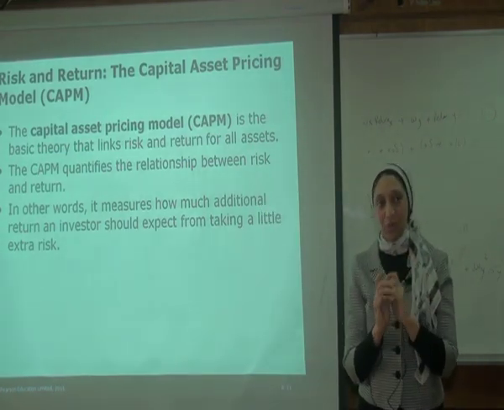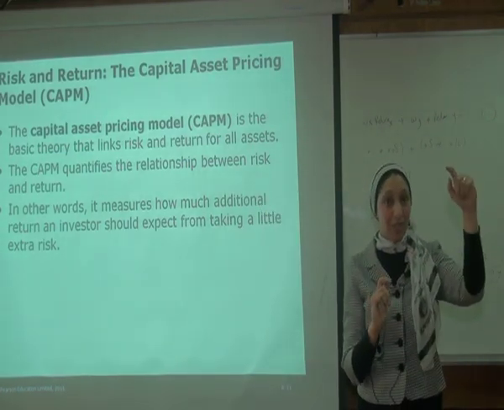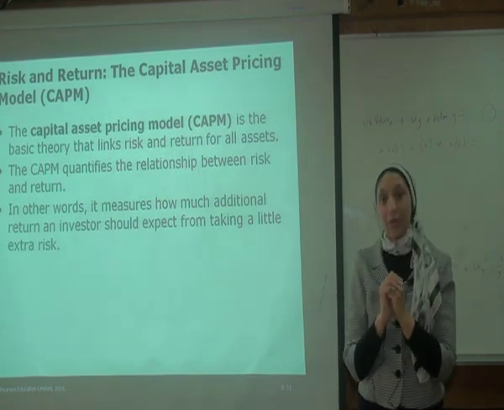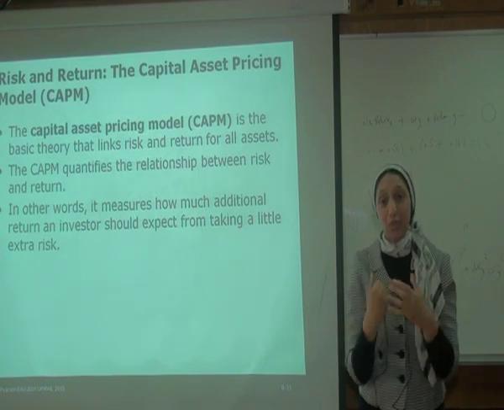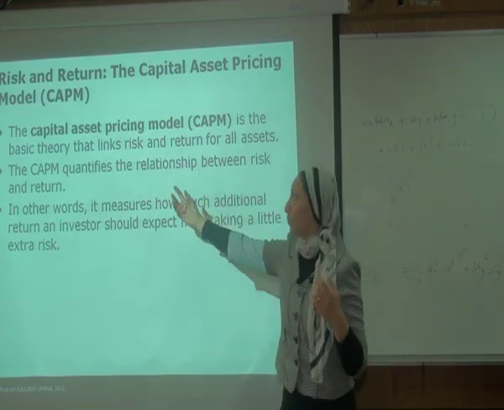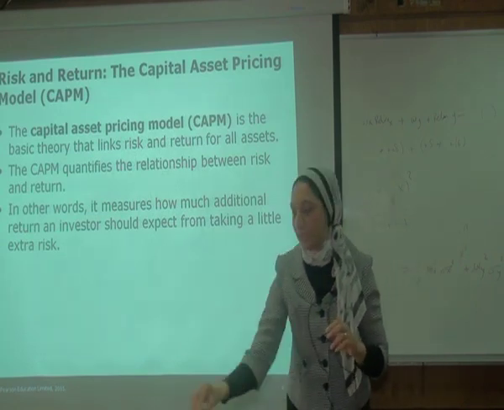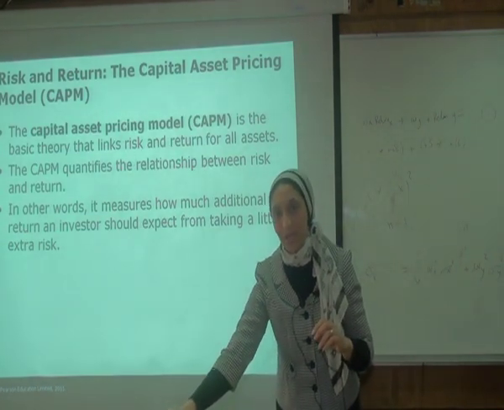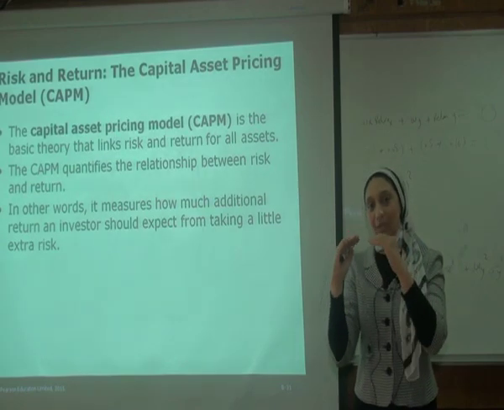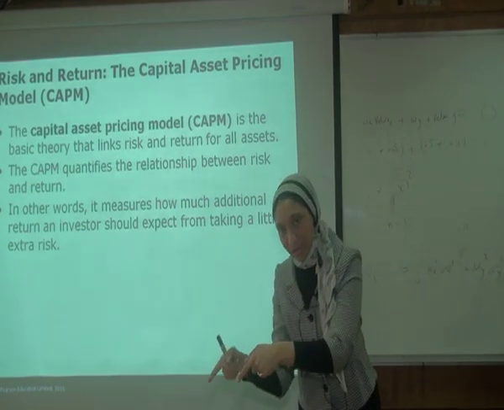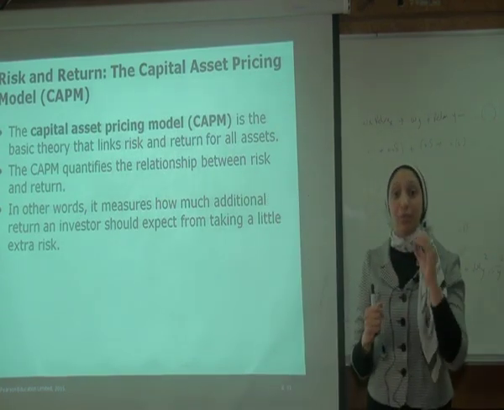This investor will accept higher risk if he is compensated with higher return. That's why you need to calculate the required rate of return. In order to put my money in this security or this stock, I have to achieve a limit or a minimum return to accept joining or buying this stock, a minimum return.